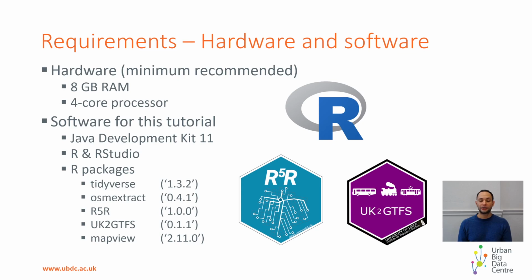OSM extract is useful to import some of the inputs that are going to be needed for this. R5R is the core piece of software that we are going to be using to estimate the routes. The UK to GTFS package is useful to transform the data into the appropriate format. And finally, mapview is useful to visualize the results.